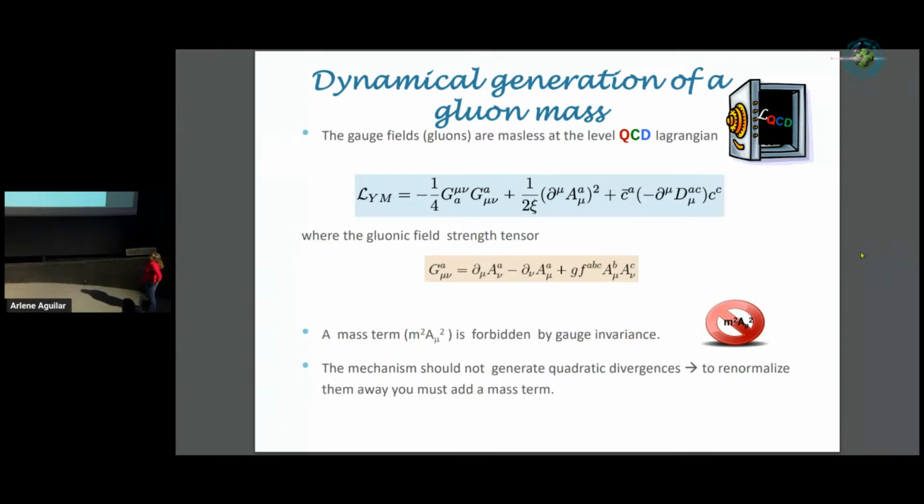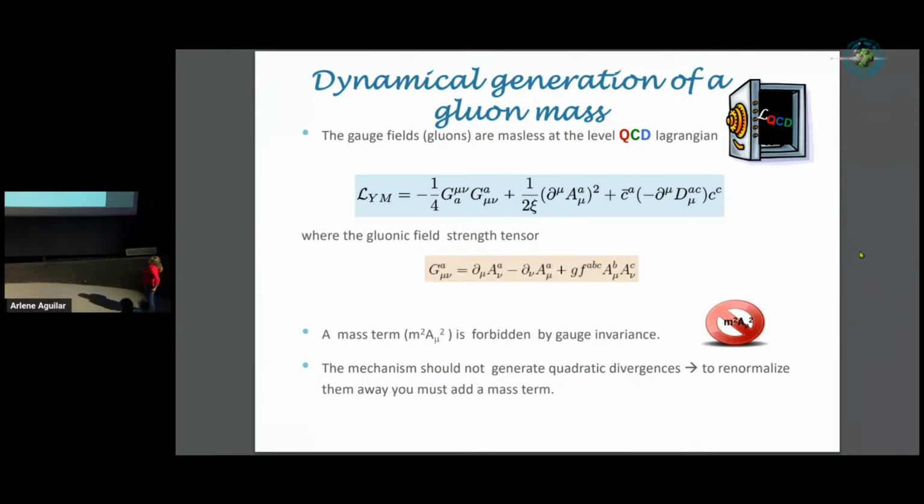It is not allowed to just come here and add this mass, because that is going to create a quadratic divergence. Then to remove this quadratic divergence, you have to add a mass term and so on. So you have a cyclic argument.